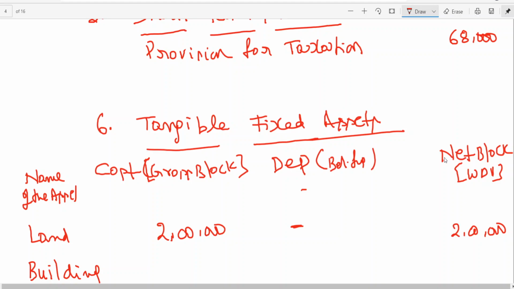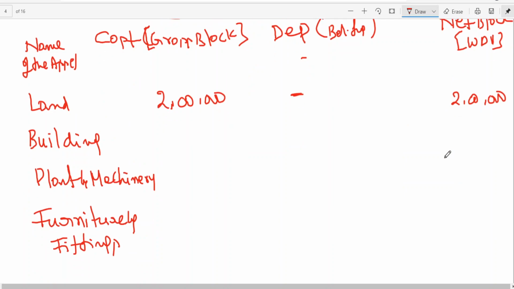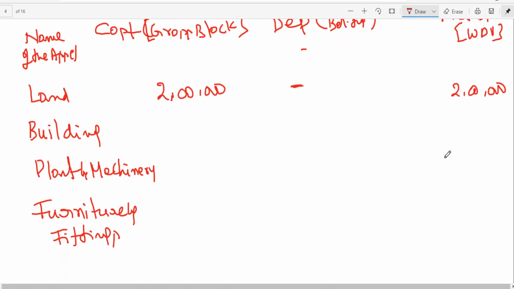Cost minus net book value, net block, that is written down value, is depreciation. Land no depreciation. Building 4 lakhs.